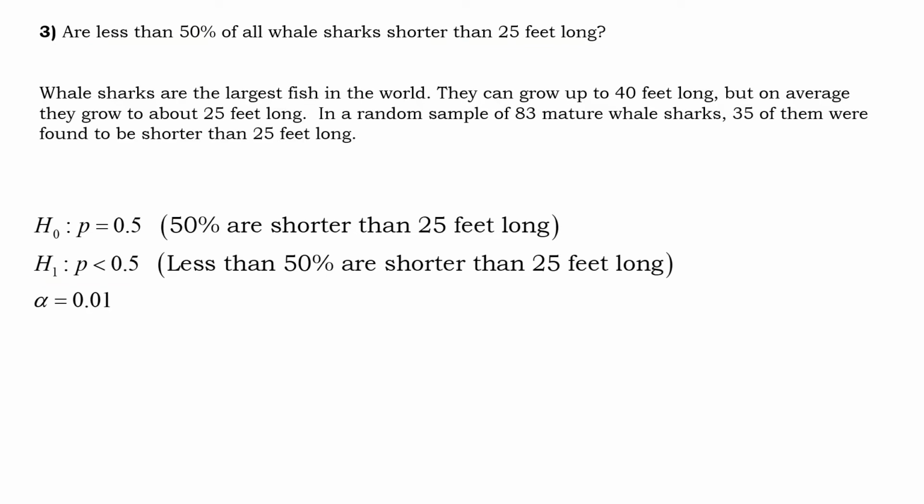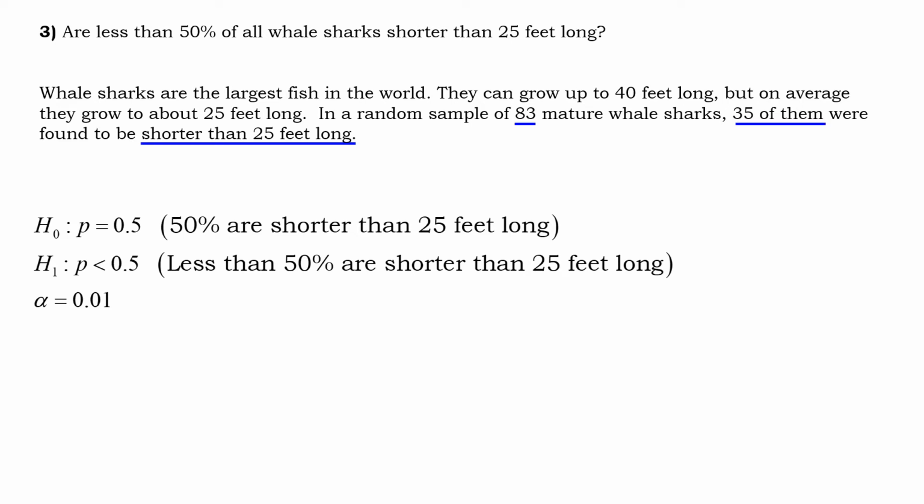Okay? Again, we're assuming that the alpha is 0.01. So what do we know about whale sharks? Okay? So we were given a sample of 83 values, okay? 83 measured sharks, and 35 of them were found to be shorter than 25 feet long. So this is our sample data.